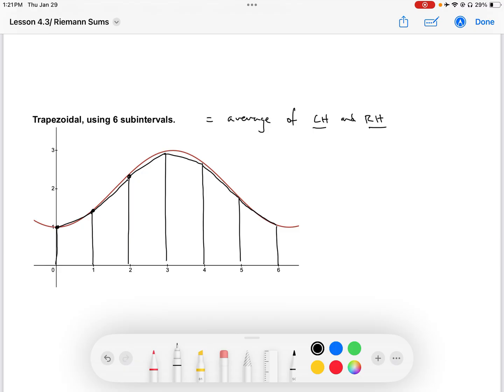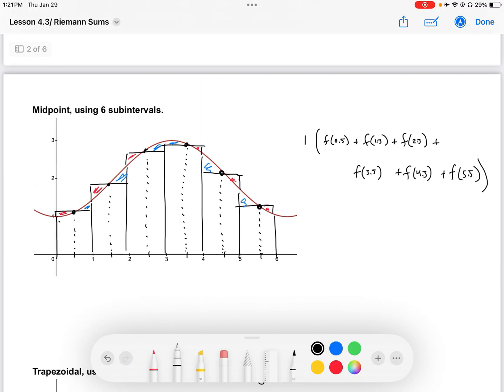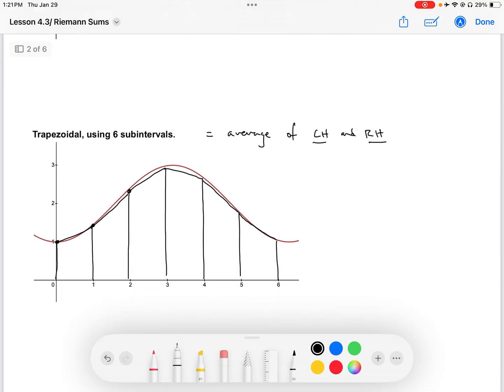So what's actually happening here is instead of what we did here, we kind of averaged the x value. We found the middle of the x value. Here, we're averaging the y value to find our height.